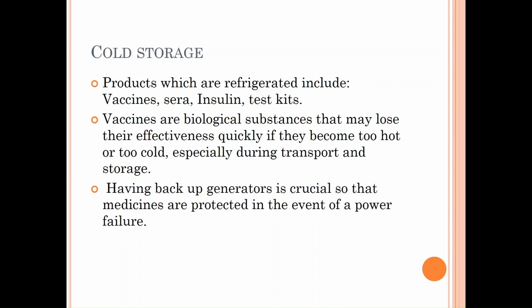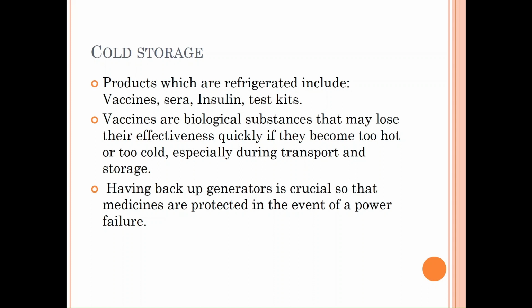Okay, so having a backup generator is crucial so that our medicines are protected in the event of a power failure. Power failure always, sometimes we are not warned on when it will go off. So having a standby generator helps us to make sure that we do not affect the cold chain items that we have in the store.